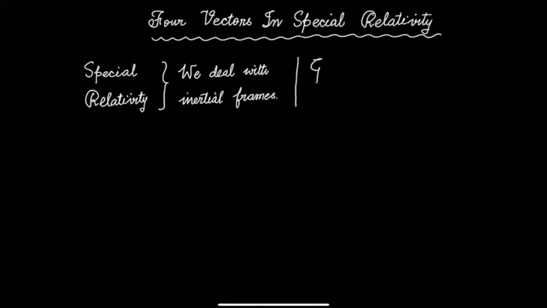The special part comes from the fact that we deal with only inertial reference frames. On the other hand, when we will eventually learn general relativity, it can deal with any arbitrary reference frame or general reference frames.